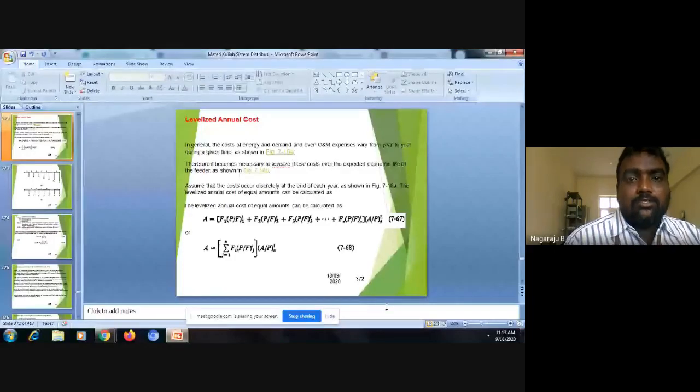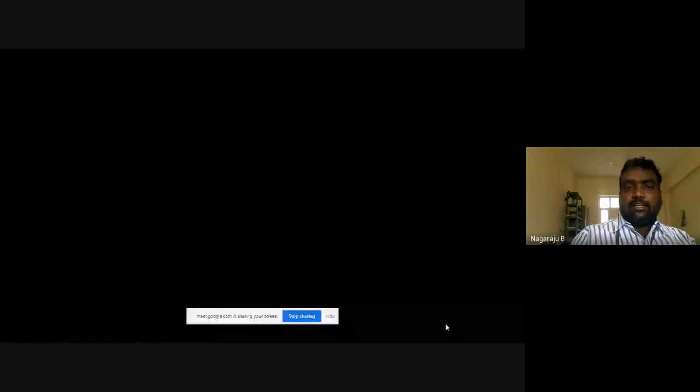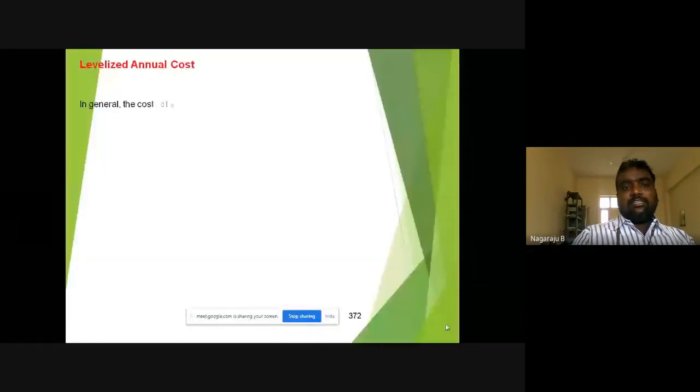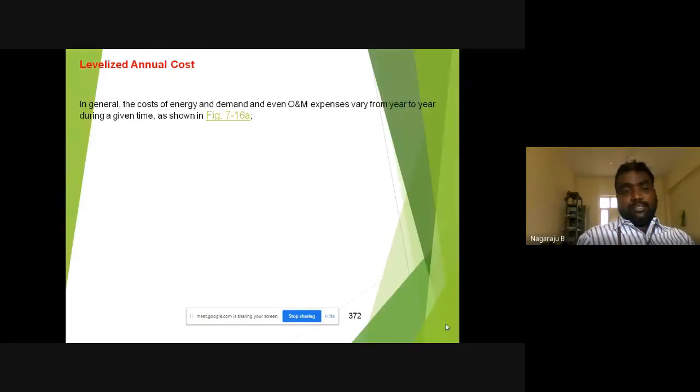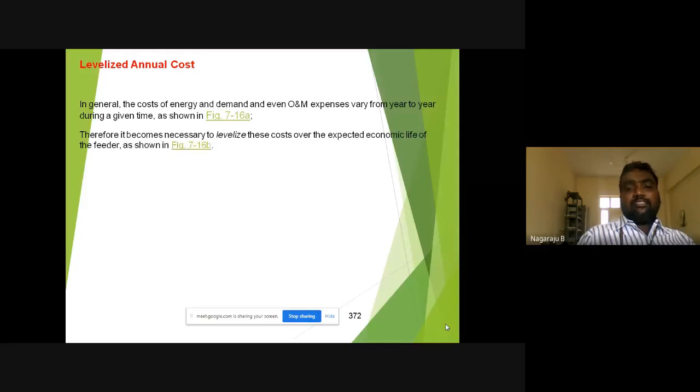So for levelizing the annual cost purpose, in general, the cost of energy and demand, and even operations and maintenance expenses vary from year to year during the years as given below. I'll show you that. Therefore, it becomes necessary to levelize these costs over the expected economic life of the feeder as shown below.